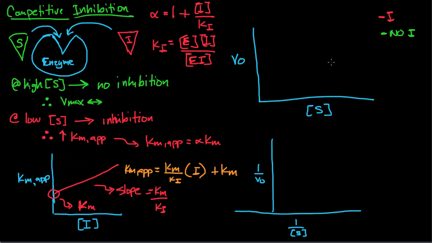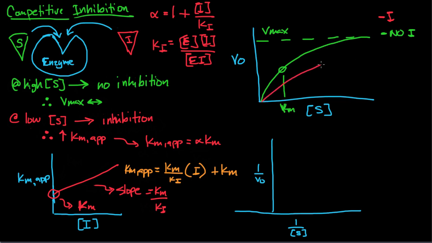Next, let's take a look at velocity versus substrate concentration. Uninhibited, I put this in green, we have a Vmax, and Km is the substrate concentration at which the velocity equals Vmax over 2. On the other hand, if you have an inhibitor, eventually you're going to reach the Vmax.